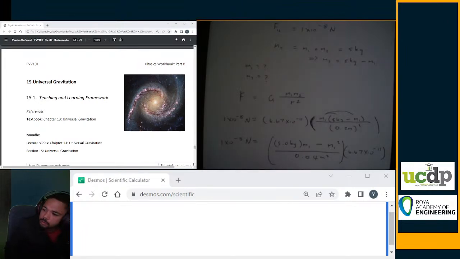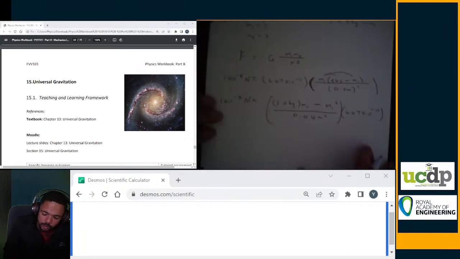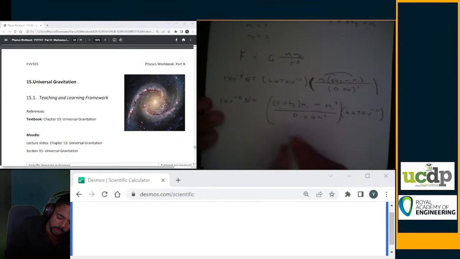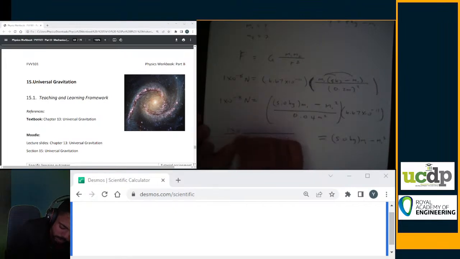If we continue, and if we take that over, we must multiply on that side and then divide by 6.67. We are left on this side with the following: 5.0 kilograms multiplied by m1 minus m1 squared. That is what we're left with on the right hand side, and on the left hand side we now have the force, 1 times 10 to the negative 8 newtons, multiplied by 0.04. Basically this is high school math.